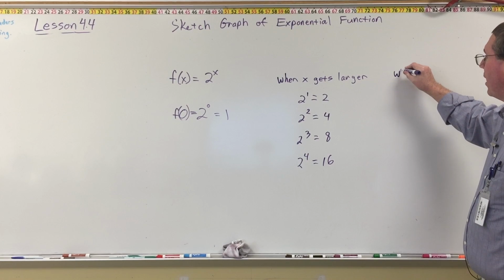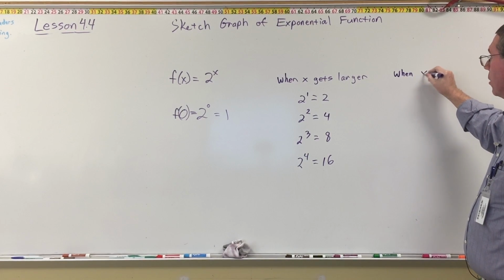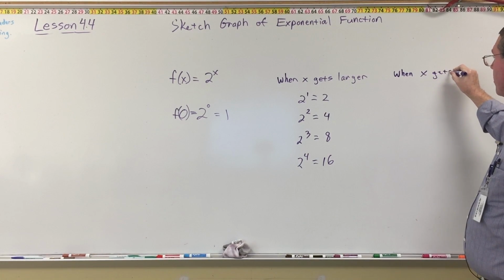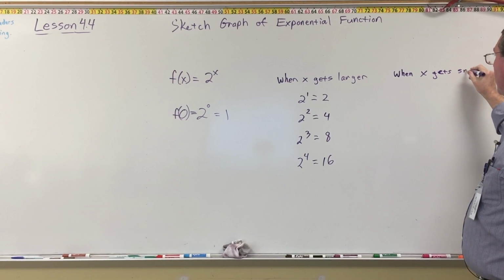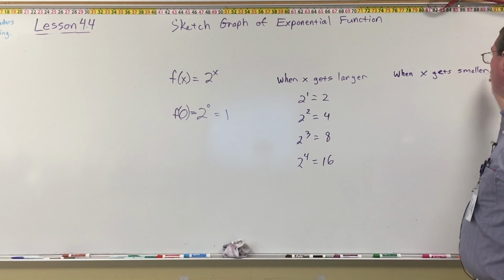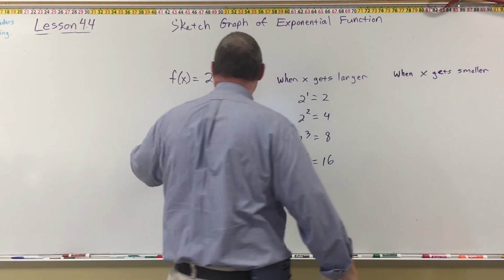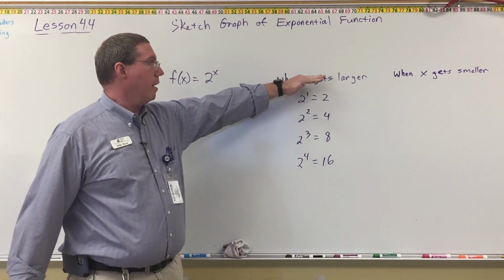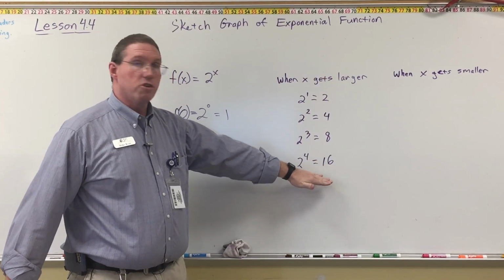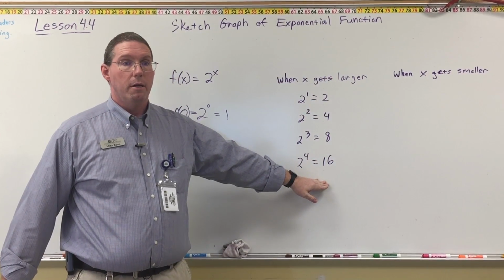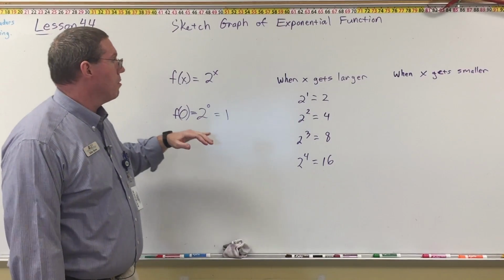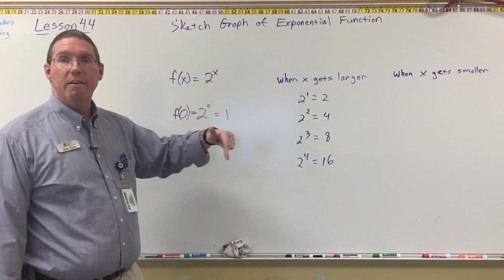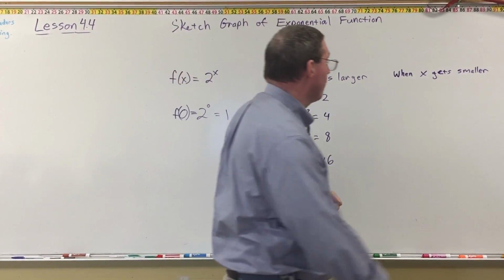But what happens when x gets smaller? Now, when I say gets smaller, I mean it goes negative, because we already said what happens when x is 0. So when we're on the positive side of 0, 2 to the x just grows without bound. But I want to remind you what happens when x goes negative. When we go to -1, -2, -3.